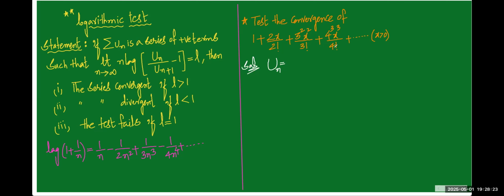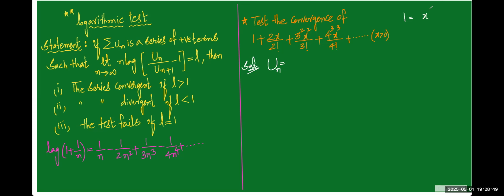Understand? 4 factorial, 3 factorial, 2 factorial means maybe 1 factorial is also available here. It means this 1 can be written in this pattern only. Do you understand? Look, x power 3, 4 power 3, x power 2, 3 power 2, x power 1, 2 power 1. So what should the term before this be?